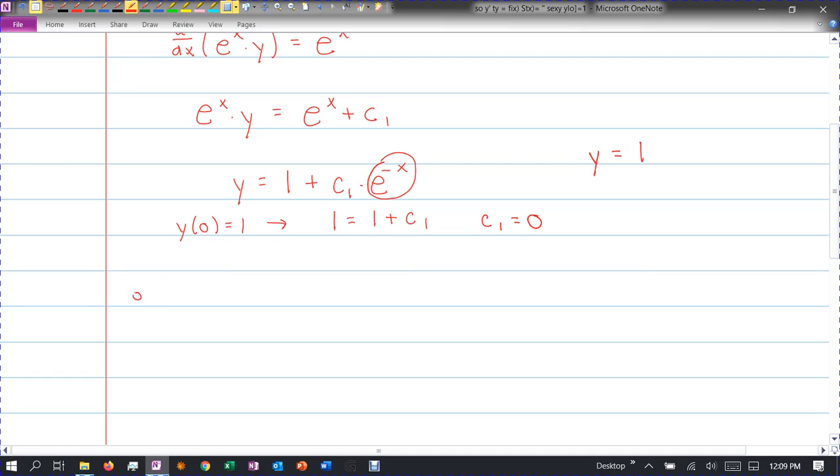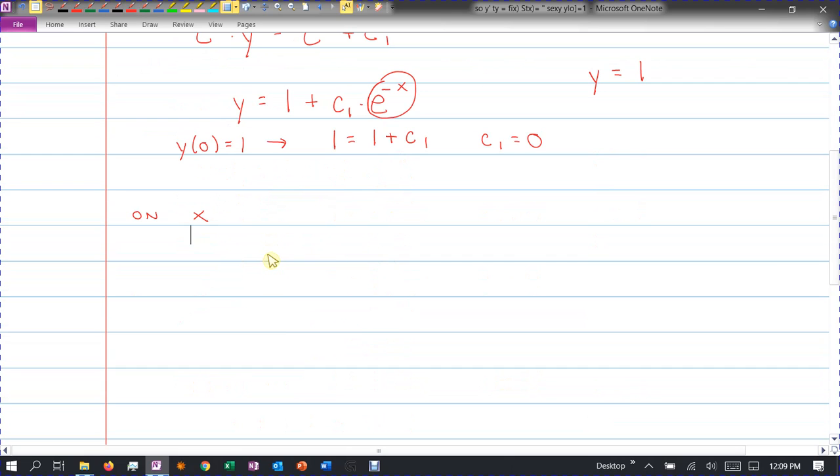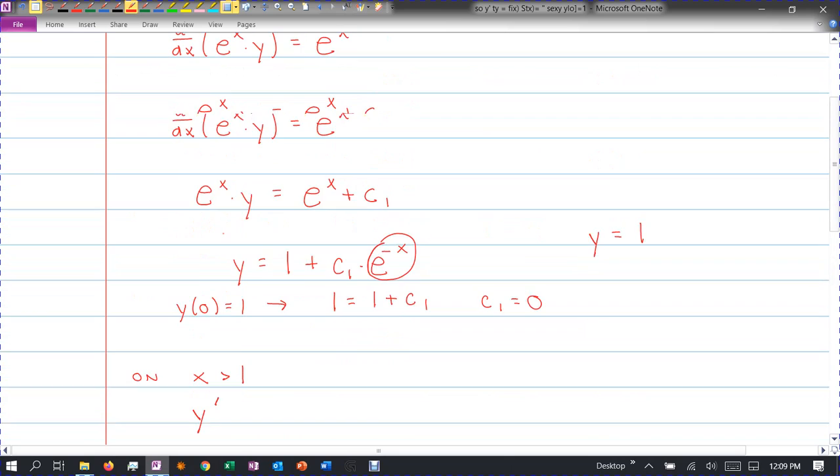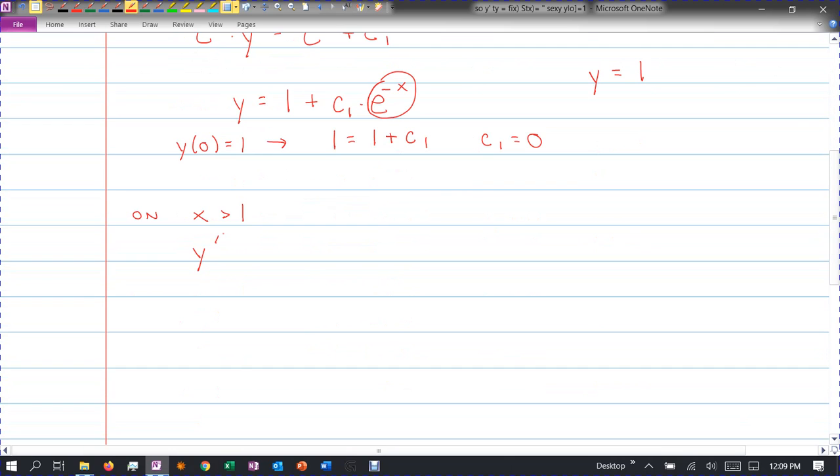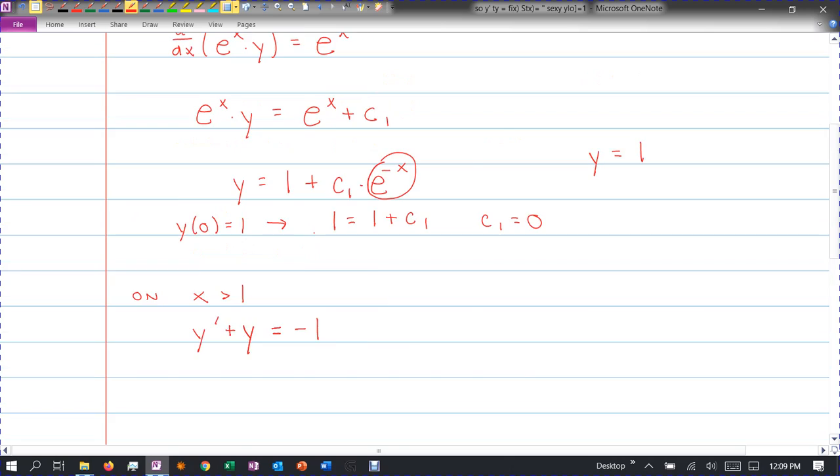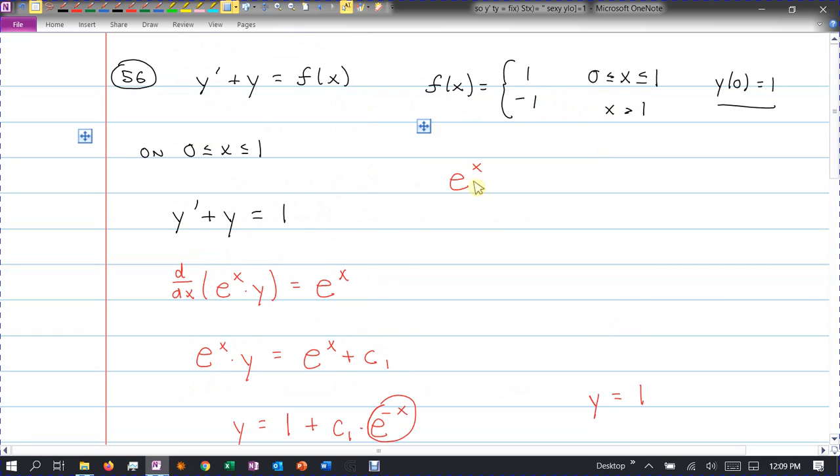Now, on the interval where x is bigger than 1, our differential equation becomes y prime plus y equals, now it's negative 1 because we are looking here instead.